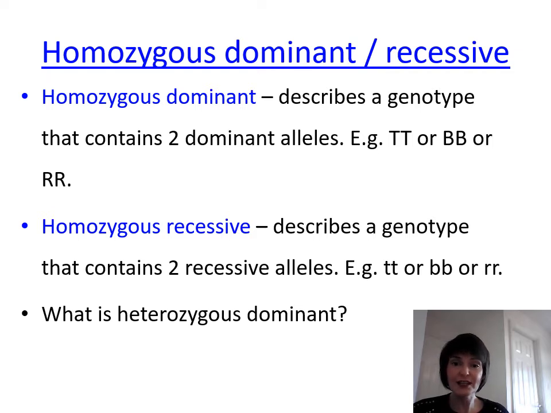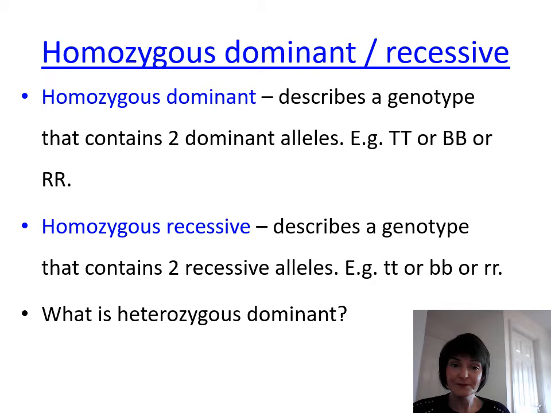So homozygous dominant describes a genotype that contains two dominant alleles. For example, big T, or big B, or big R. So the alleles are two capital letters, so they're dominant, and homozygous, the two alleles are the same. Okay.